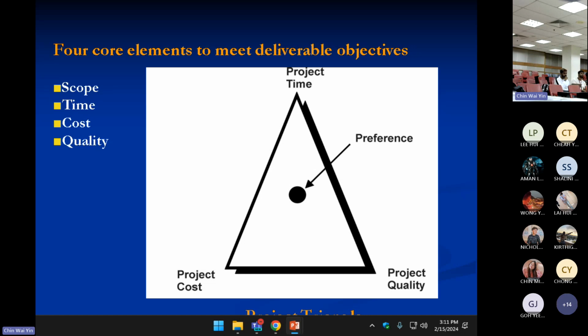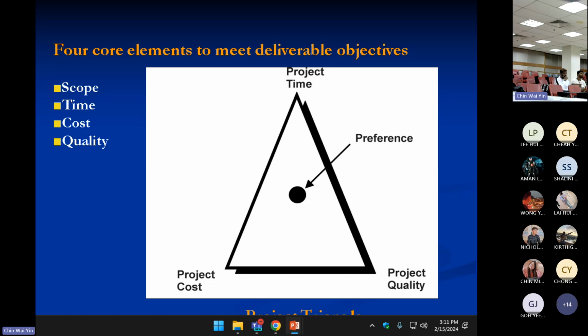If I want to keep it within the cost, then I might have to push the deadline, or if I cannot, then what else? Quality must suffer. Maybe I cut corners here and there in order to give you the additional function features.